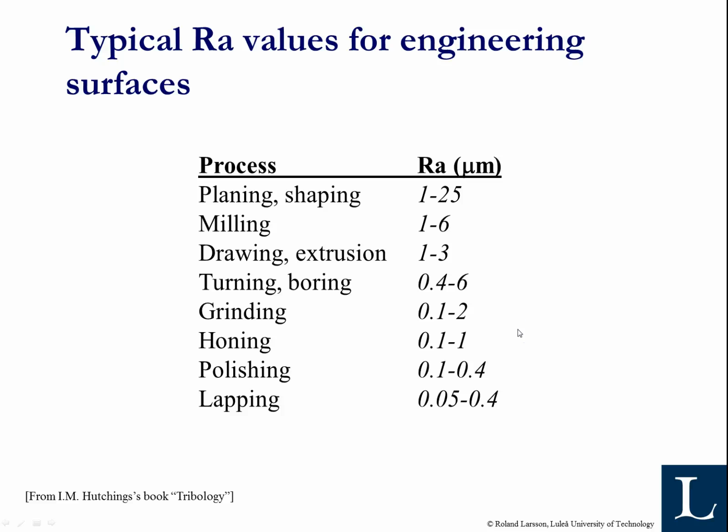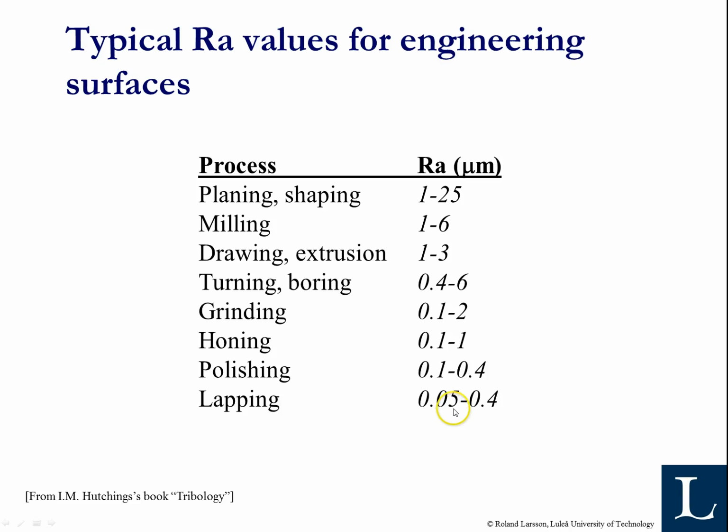Yeah, coming back to RA values, just to show the difference after different surface finishing techniques. You can go down to the very fine surfaces. When you use honing, polishing, and lapping, that gives you maybe the lowest RA values.